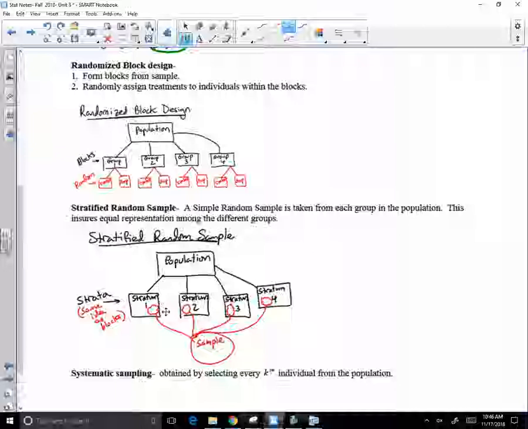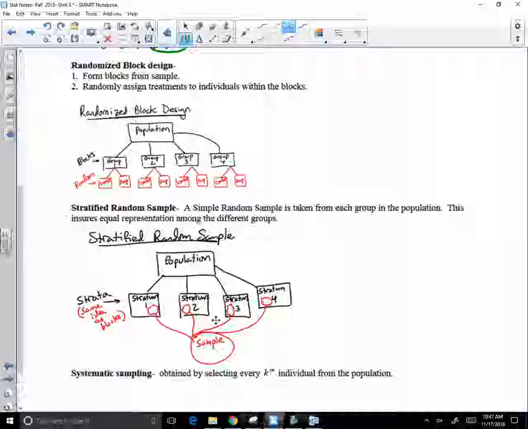Now, if I were to randomly select a subgroup from each stratum, so it would have to be at random. So I break up my clothing store into the different categories and then randomly select from within each group, then put those random selections together and make one big group.